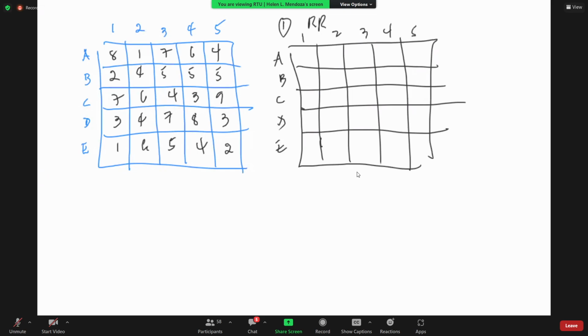If we are reducing row, ano ang dapat nating gawin, Oponda? Oponda, are you around? Oponda, last call for Oponda.